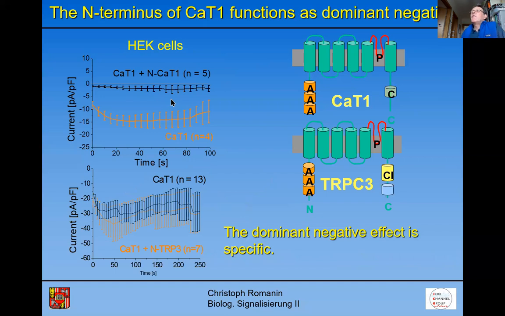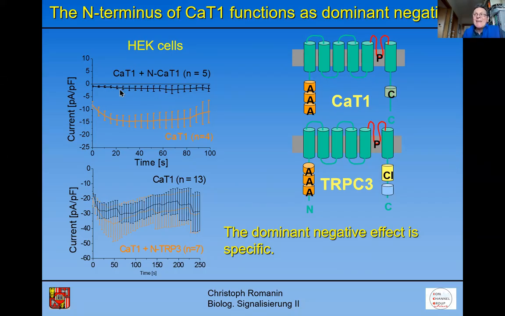And you can see here, first, of course, it was checked with CAT1 expressed in the HEK cells. This is, as already mentioned before, the CAT1 fully active in these cells, not under control of the ER stores. But of course, the mechanism should work independent of whether these cells actually are controlled by the ER stores or not. And you can nicely see it here when CAT1, in addition, this amino terminus is co-expressed.